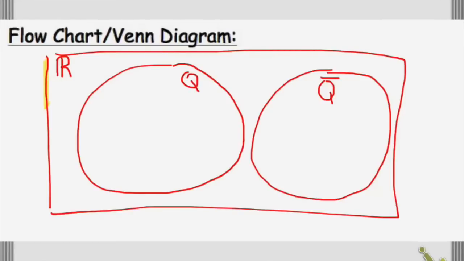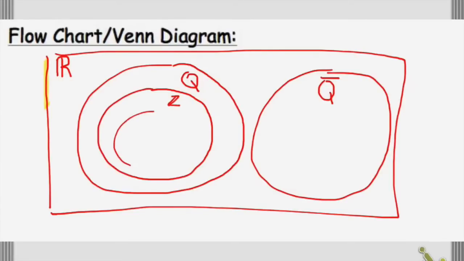But inside the rational numbers, we have the other sets. So inside the rational numbers, we have the set of integers. And inside the set of integers, we have the whole numbers. And inside the set of whole numbers, we have the natural numbers.